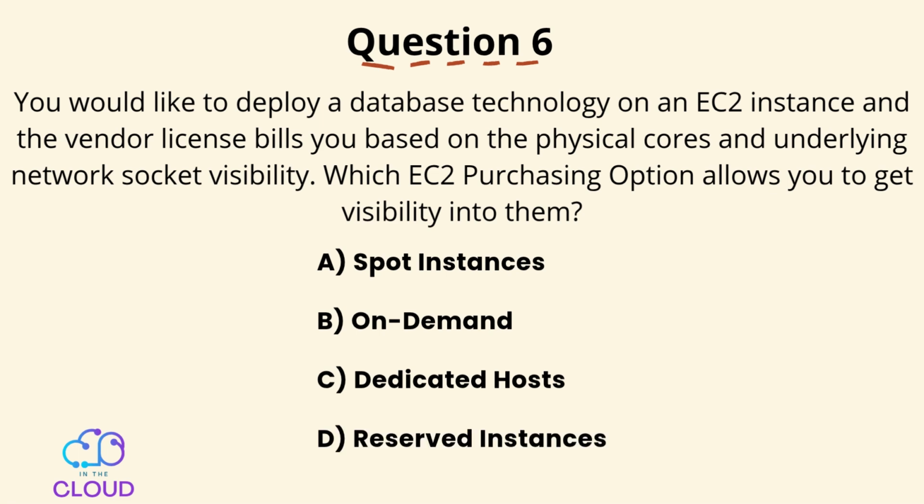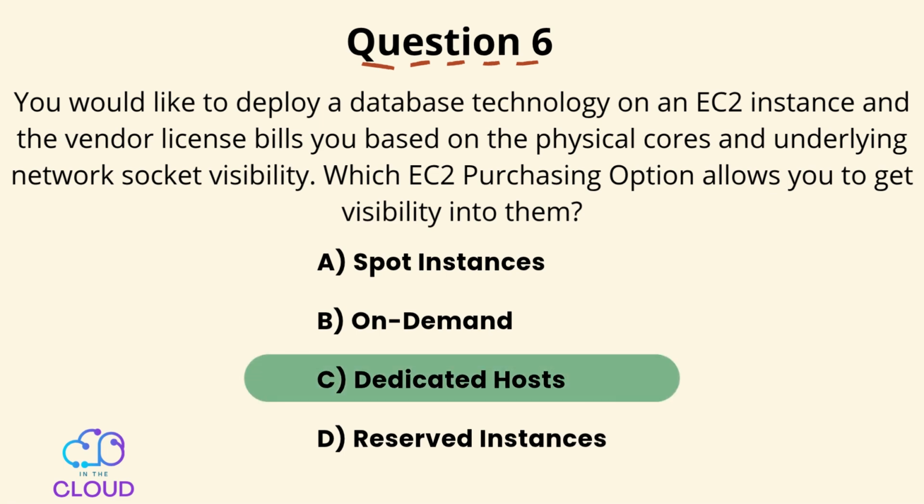You reserve a specific instance capacity for 1 or 3 years with up to 72% discount on the hourly charge compared to on-demand. Therefore, the purchasing option allowing you to get visibility into the physical cores and the underlying network socket is dedicated host.